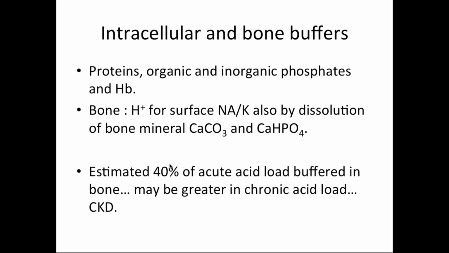It is estimated that about 40% of the acute acid load is buffered in the bone, but this may be greater in chronic acid loads, such as in chronic kidney disease, and is one of the components of why there is bone disease in chronic kidney disease and loss of bone mineralization in that situation.